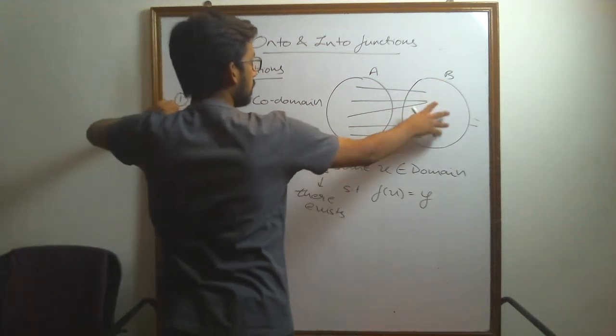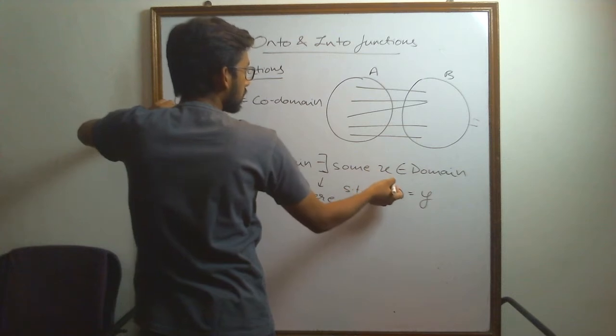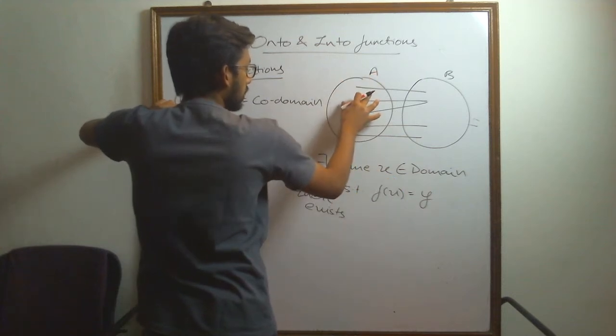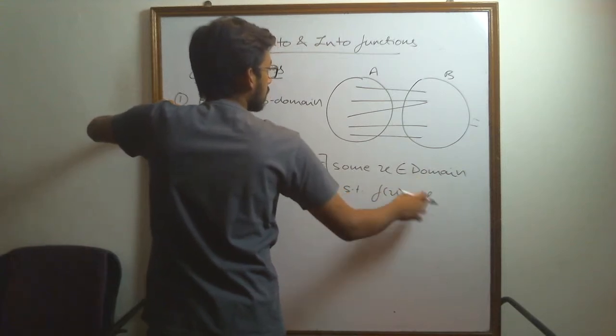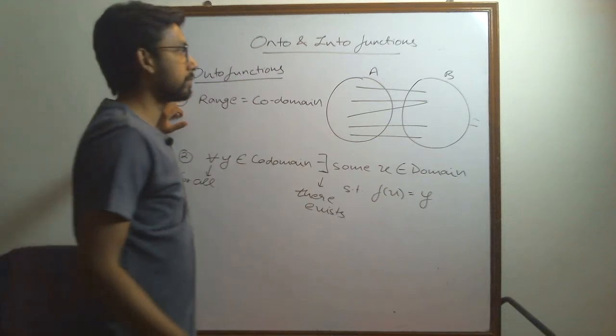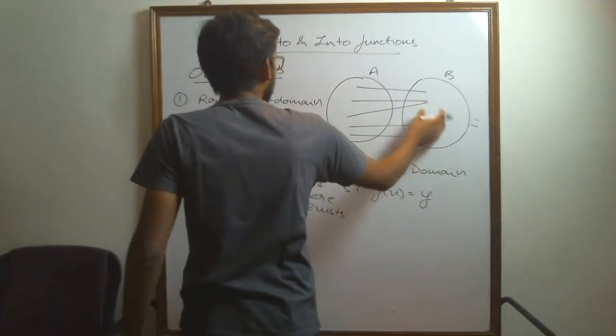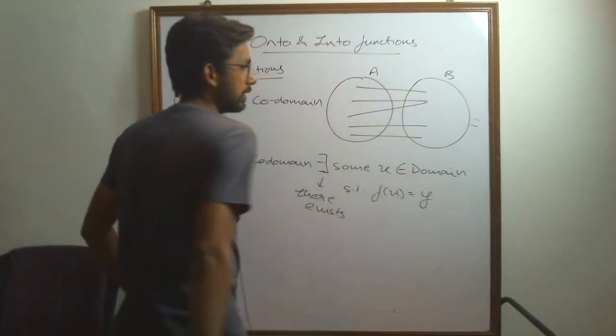So for all elements in the codomain, if there exists some x in the domain such that it is the image of that element, then it would mean that there are no free elements in the codomain. So all elements here have some element here in the domain whose image it is.